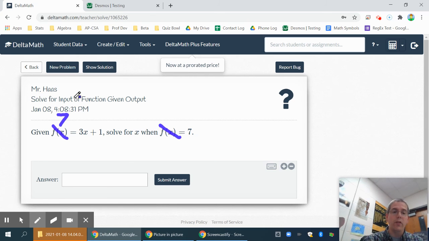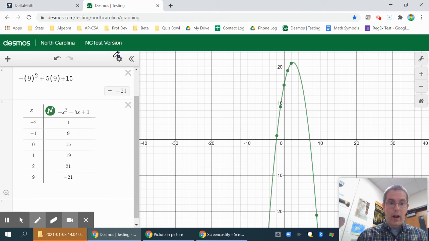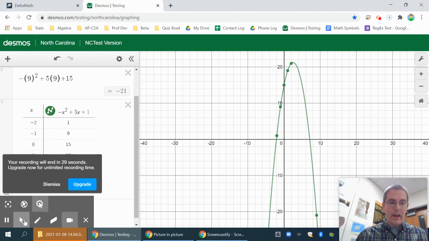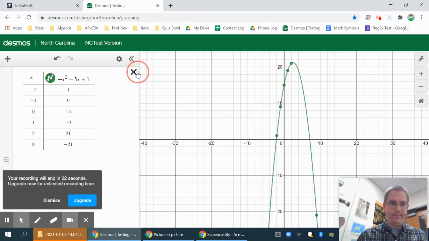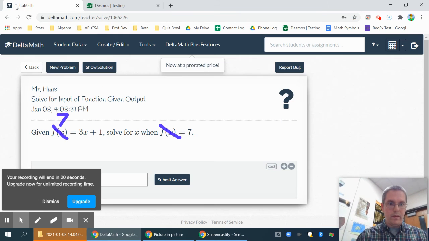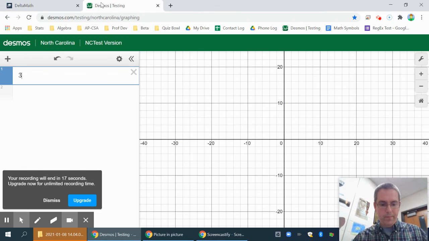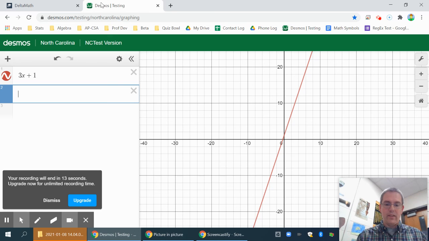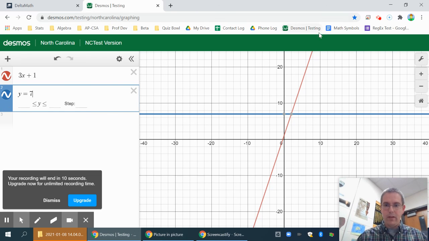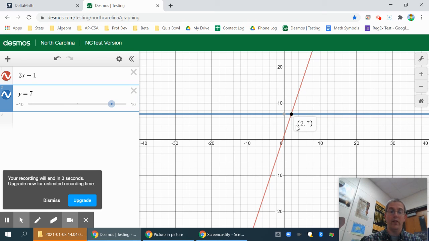Now, another way you can do this is I could solve this algebraically, or I can go to Desmos, and I could type in the 3x plus 1, and I can look for where it equals 7. To get a 7, I can just type y equals 7, and then the intersection will give me my value of 2, which is the same thing I would get algebraically. So my answer is 2 because that gives me a 7.